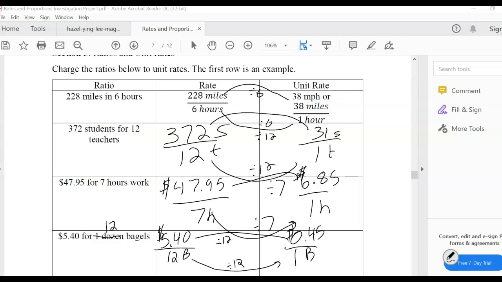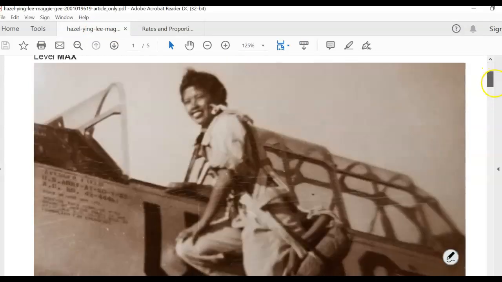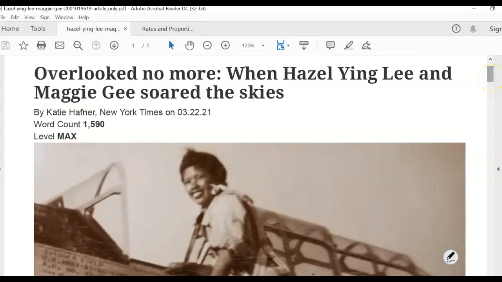All right. What we're going to do next, we're going to turn the paper over. We are going to find our unit rate and how fast we read. Okay, so I am going to give you and the person you're sitting next to an article.